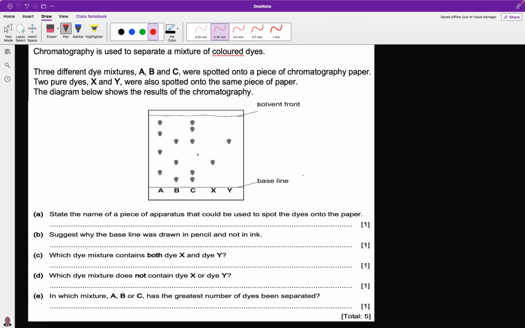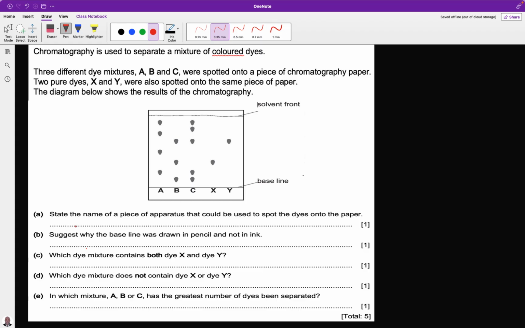Question B. Suggest why the baseline was drawn in pencil, not in ink. We can say that if we use ink, ink is a dye.